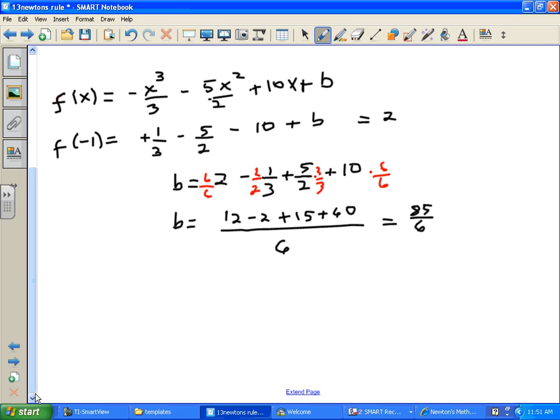And with that, I can rewrite the function. So f of x is equal to negative x cubed over 3 minus 5x squared over 2 plus 10x plus 85 over 6.